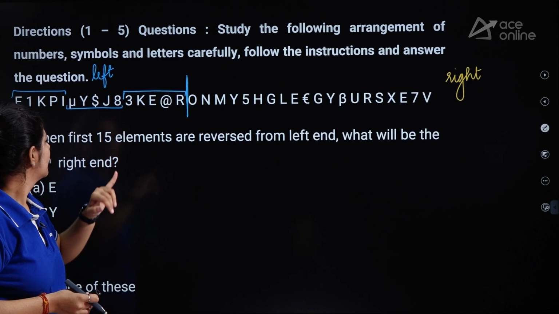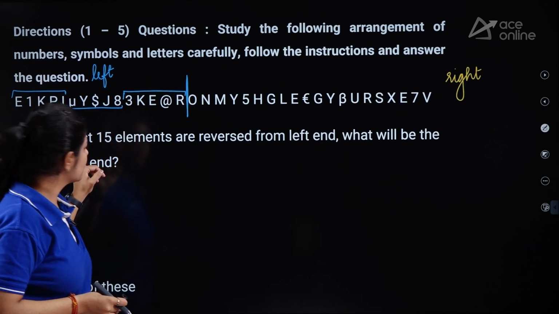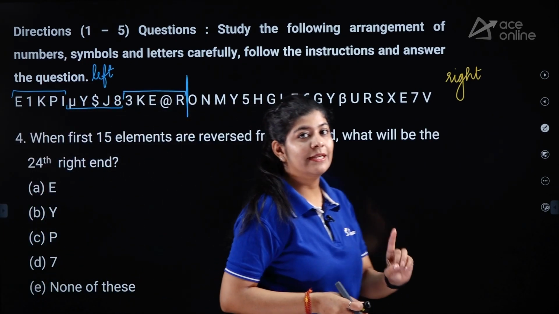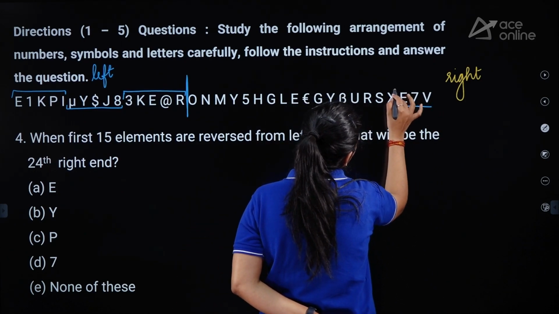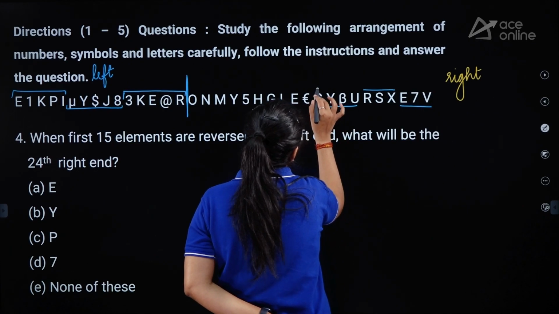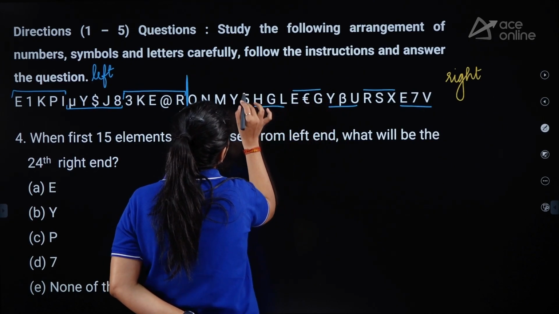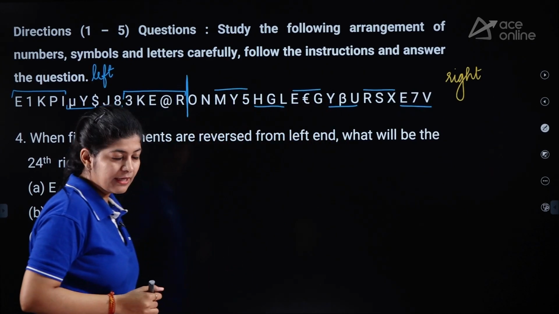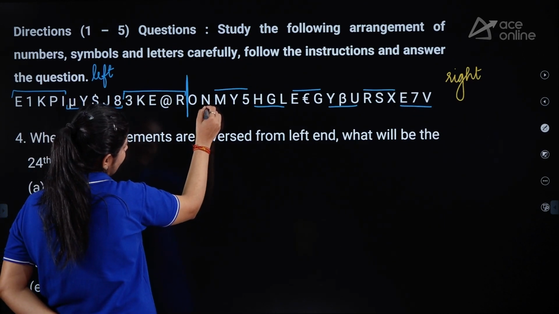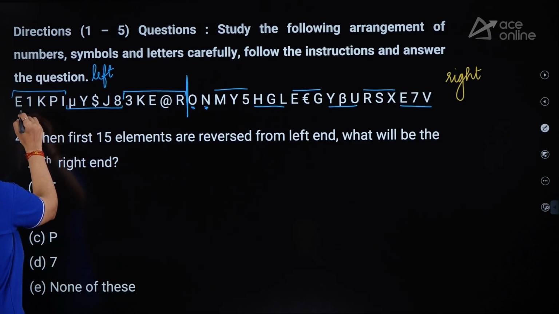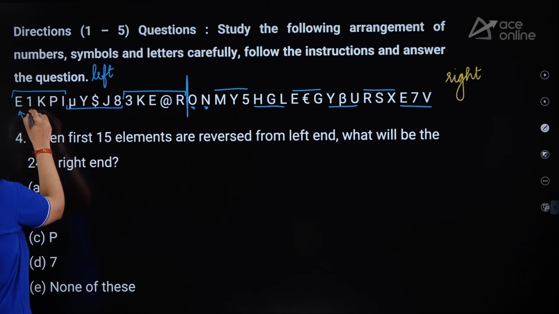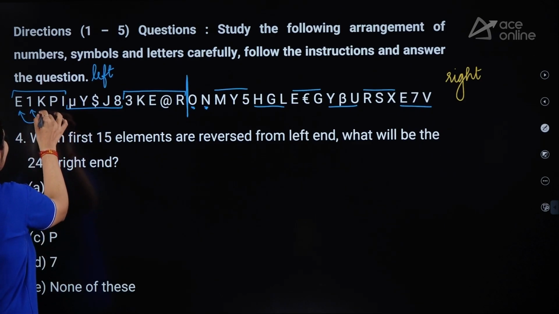Okay. Now, here we have to focus on the 24th from the right end. So 3, 6, 9, 12, 15, 18, 19, 20, right? Now, this 21, 22, 23, 24.